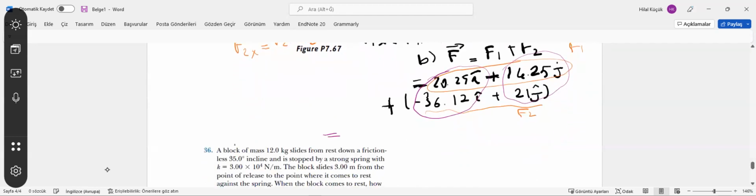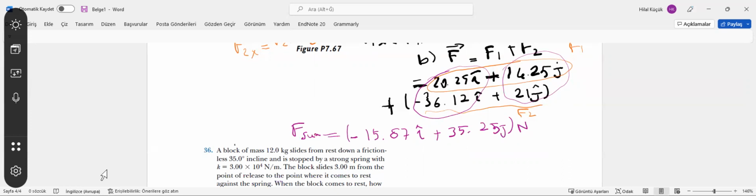So for your result, just please sum that part. Your result will be minus, so you take some copy, I plus 5 j. This is your F sum.